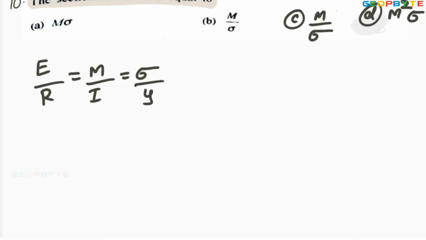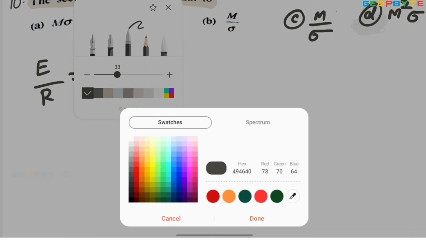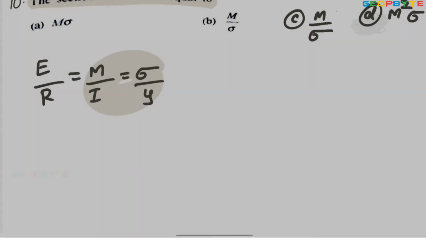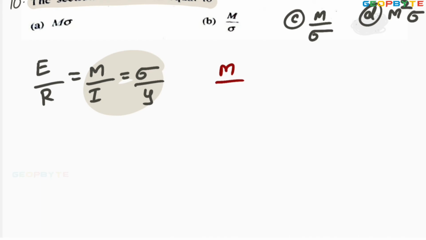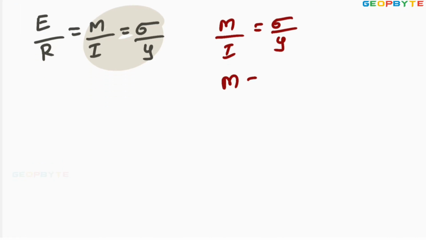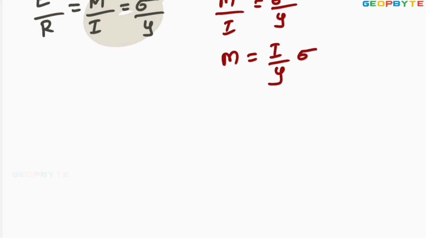If I take the second part, it will look like this: M by I equal to sigma by Y. Bending moment M equal to I by Y into sigma. Dear friends, remember the quantity I by Y is called section modulus.